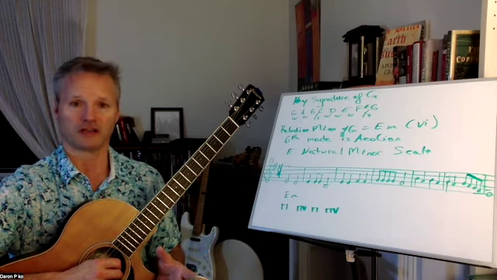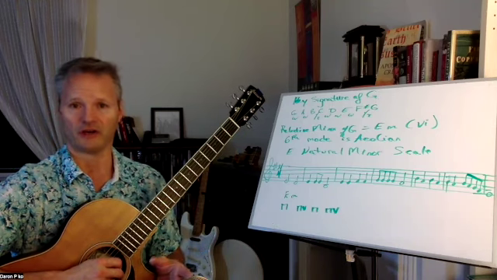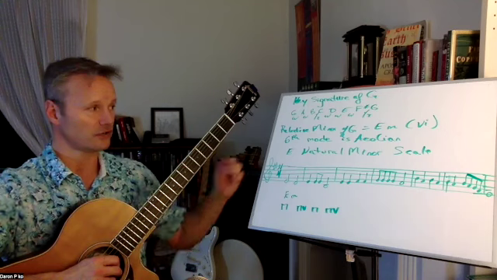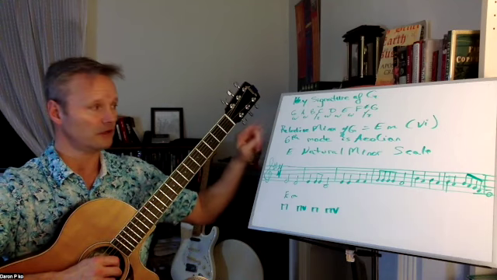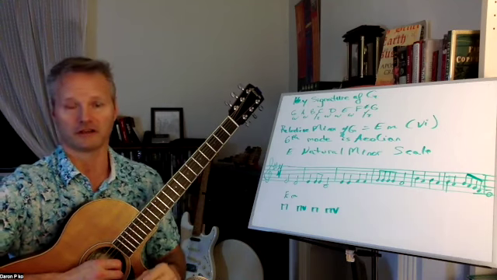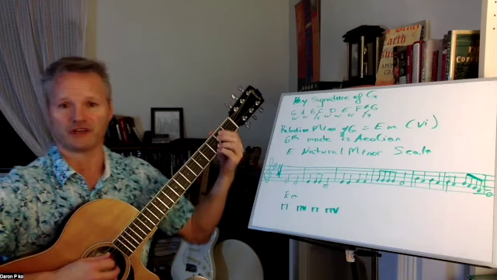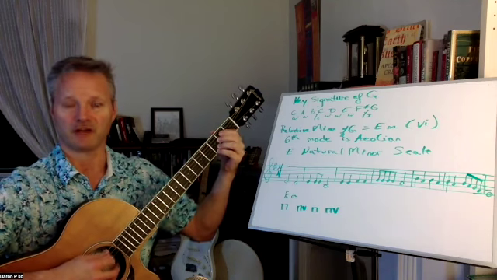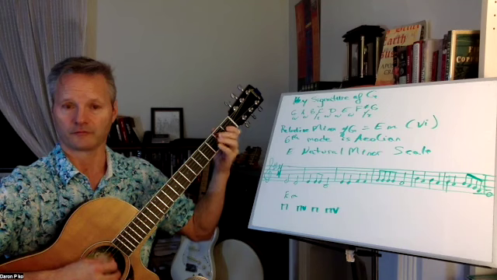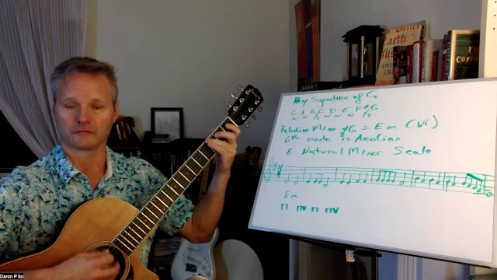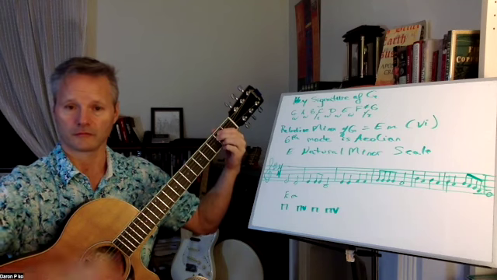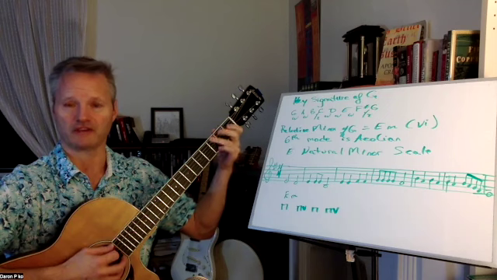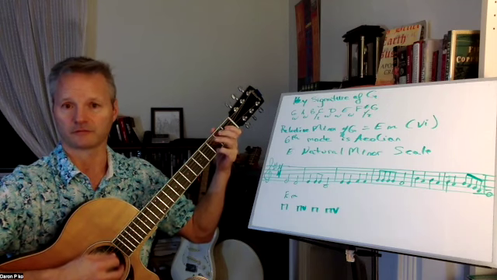But E minor can also be the key note of that key signature. So I can be in the key signature of G major, but play in E minor. We know that from Wish You Were Here. We talked about the pentatonic mix of an E minor pentatonic, being the same notes as a G major pentatonic.